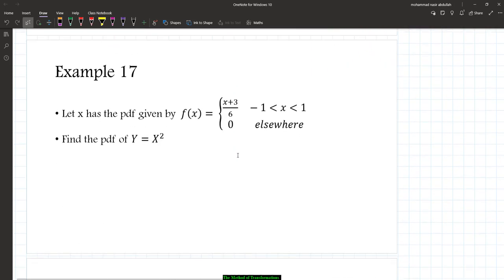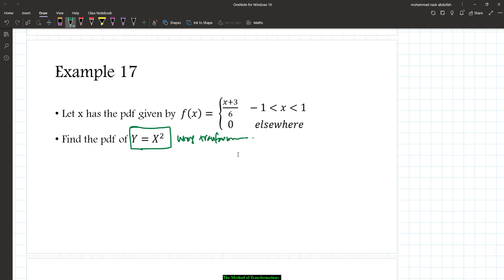Okay. Now let's look at example number 17. Example number 17 says that x has a PDF of (x plus 3) divided by 6, where x is between -1 and 1. We want to find the new PDF of y equal to x squared using transformation techniques.